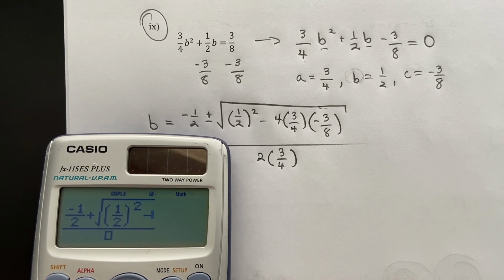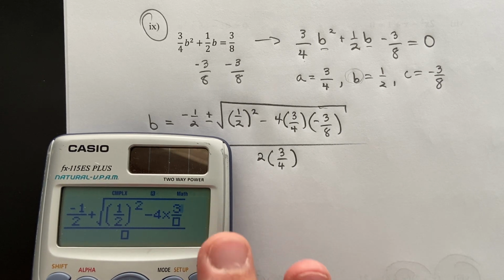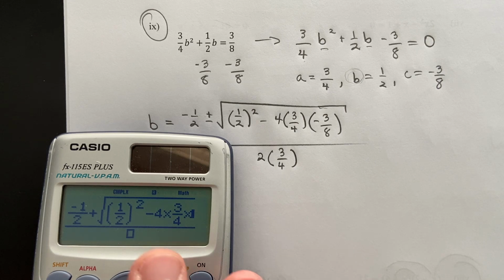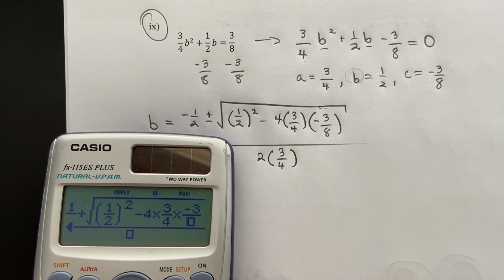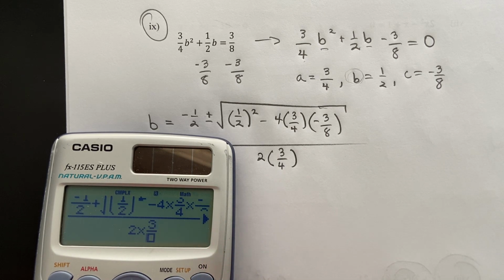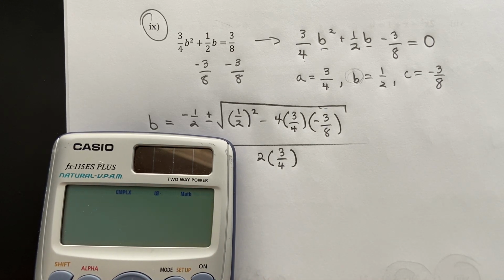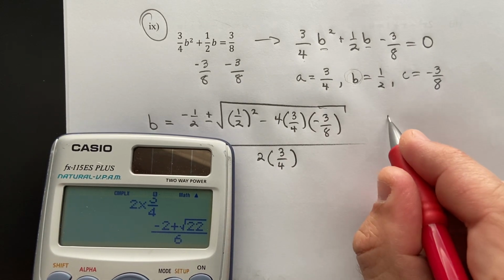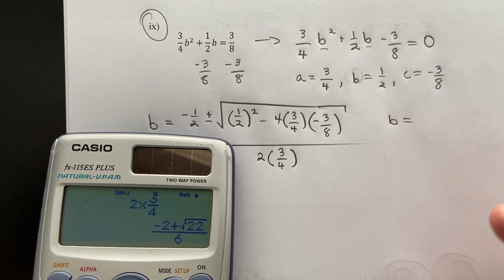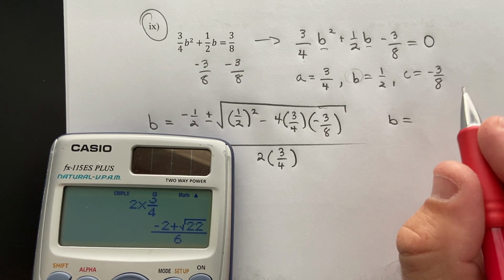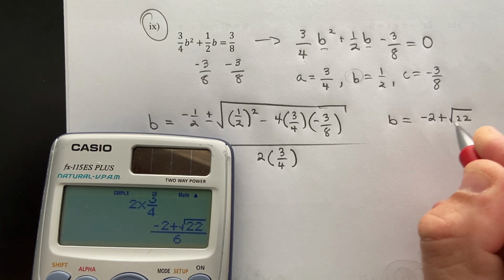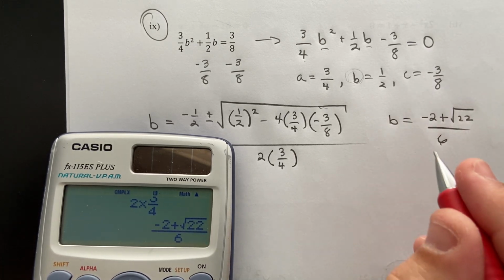And then minus 4 times 3/4 times -3/8, over 2 times 3/4. So it looks like, I'll check this in a second, but it looks like we're getting B. In other words, one of our answers is -2 plus root 22 over 6.